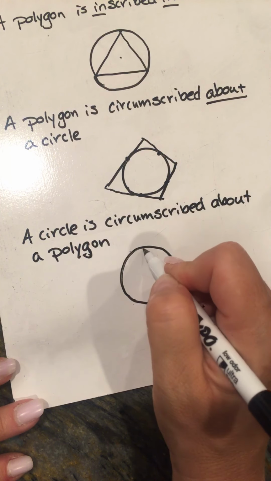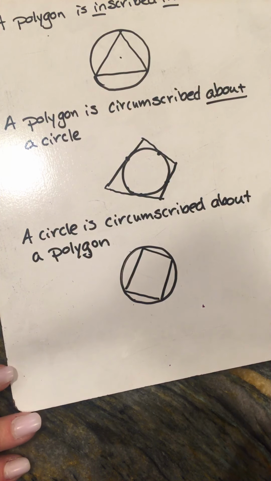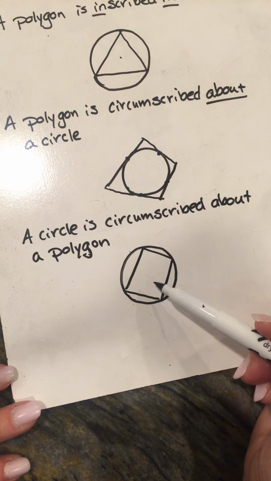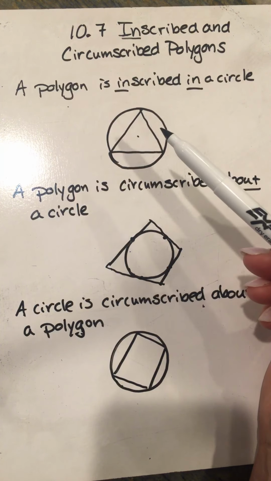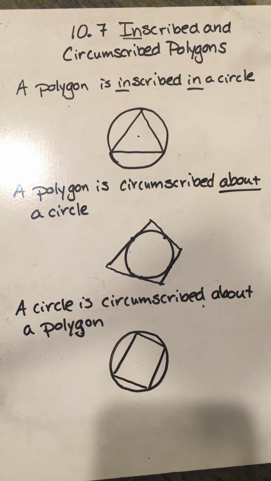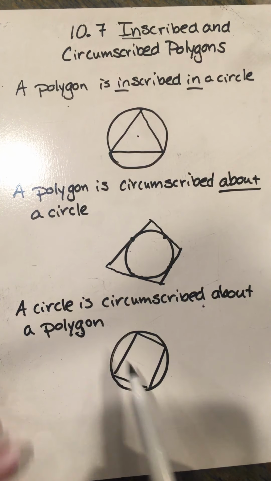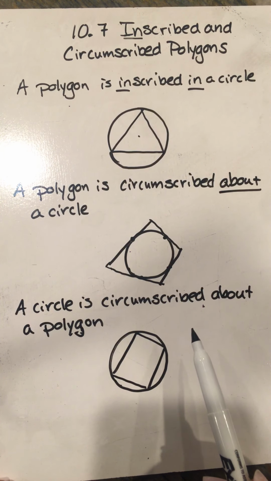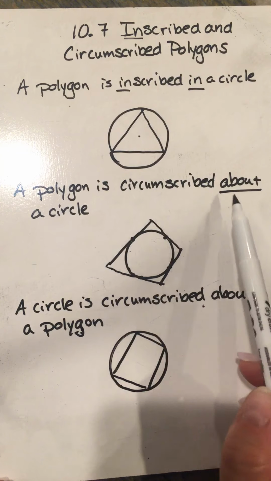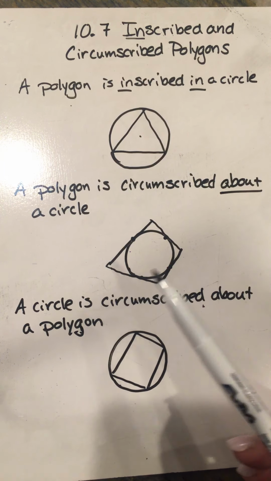I'm going to draw my circle and then do this. Okay. So in this situation, I know it looks like this first one, but it all has to do with what you're talking about. So in this instance, the polygon is inscribed. In this instance, the circle is circumscribed. Okay? In this instance, we say the polygon is circumscribed, or you could say that the circle is inscribed.